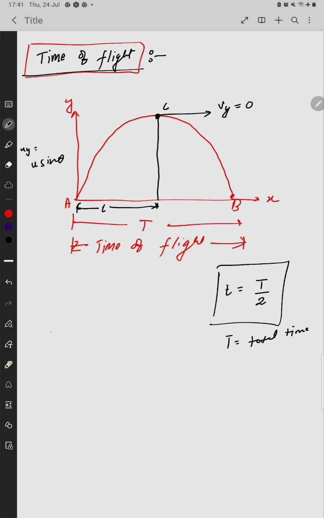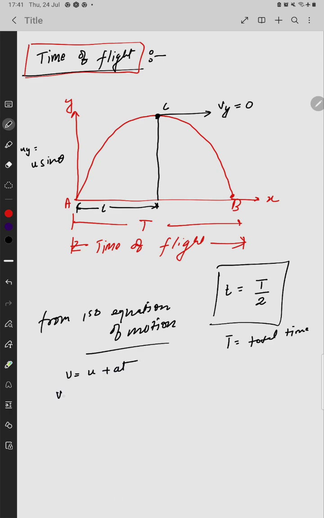From the first equation of motion, because it has time and velocity, v is equal to u plus at. So we can write Vy is equal to Uy plus at.